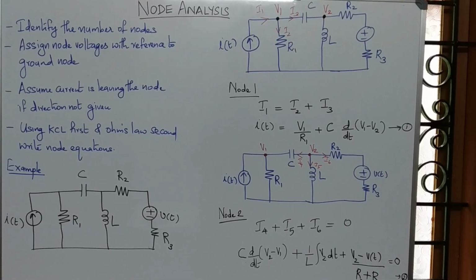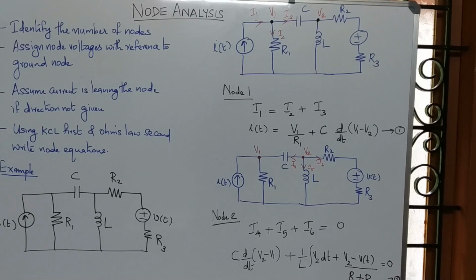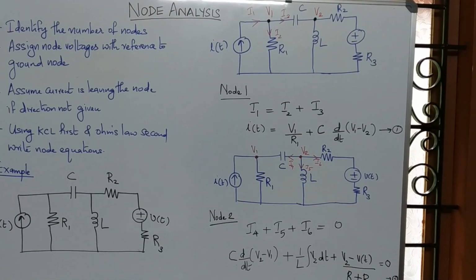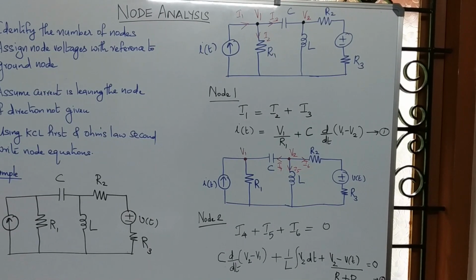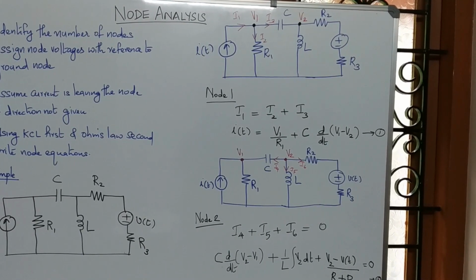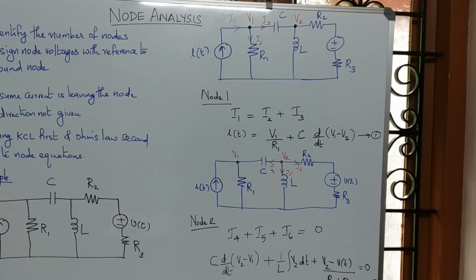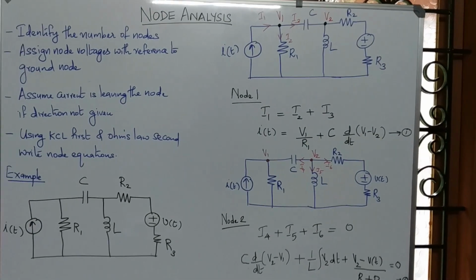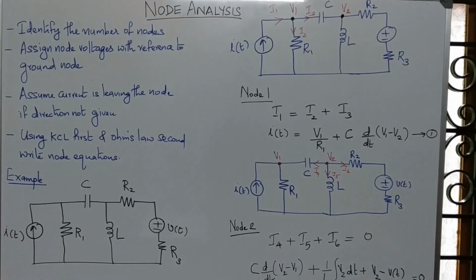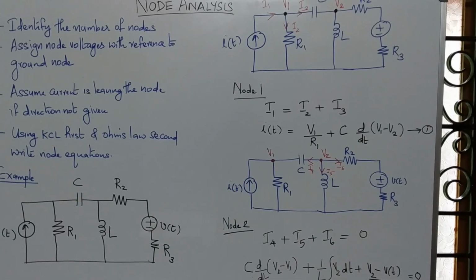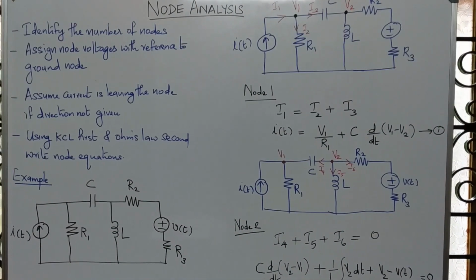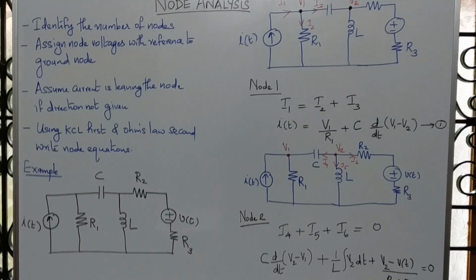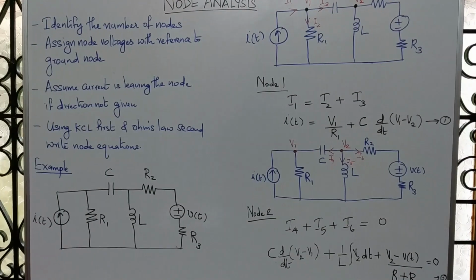Third is to assume that current is leaving the node always, except for two conditions: one is that the direction is given in the question, or there is a current source. In both these cases, you have to follow that. Then finally, write down the KCL equation and then the expanded equation. So this is node analysis.